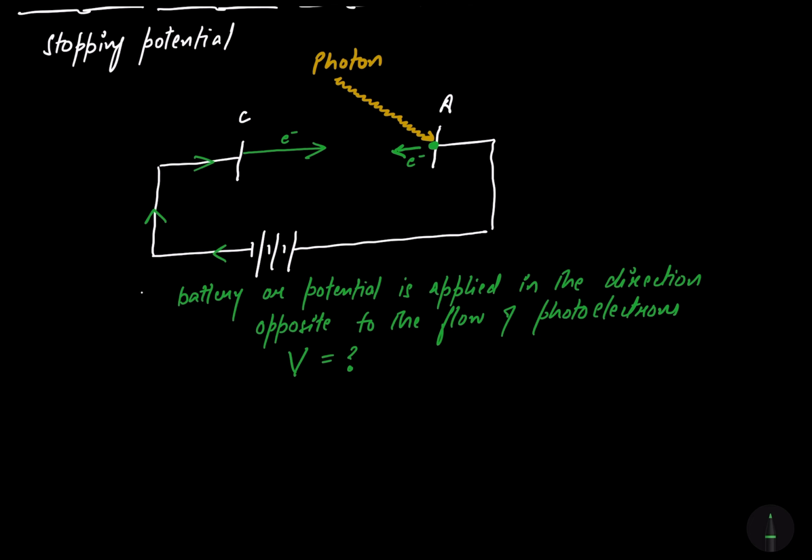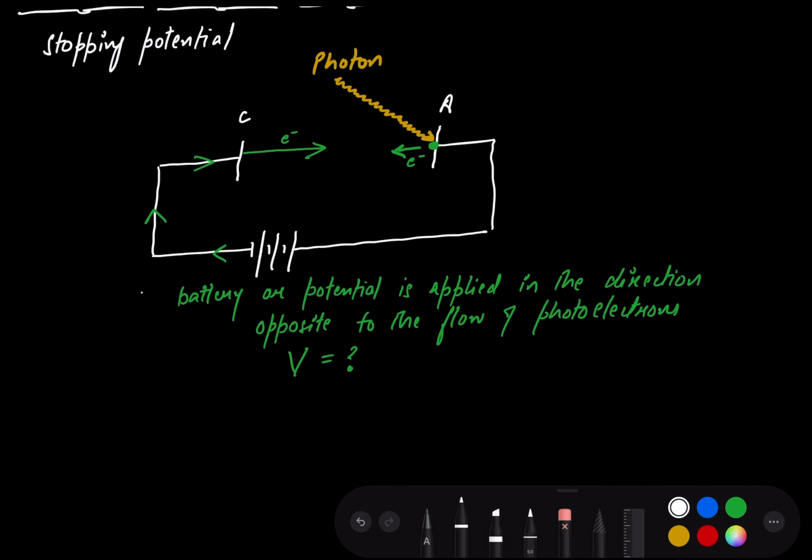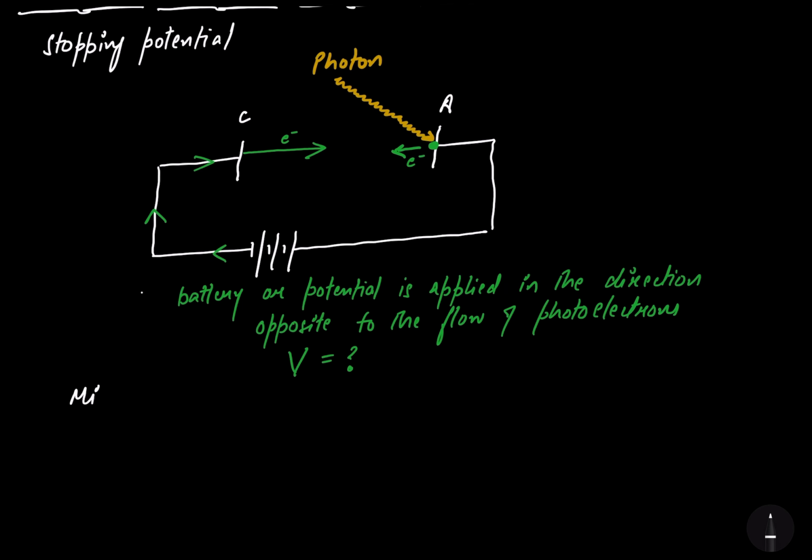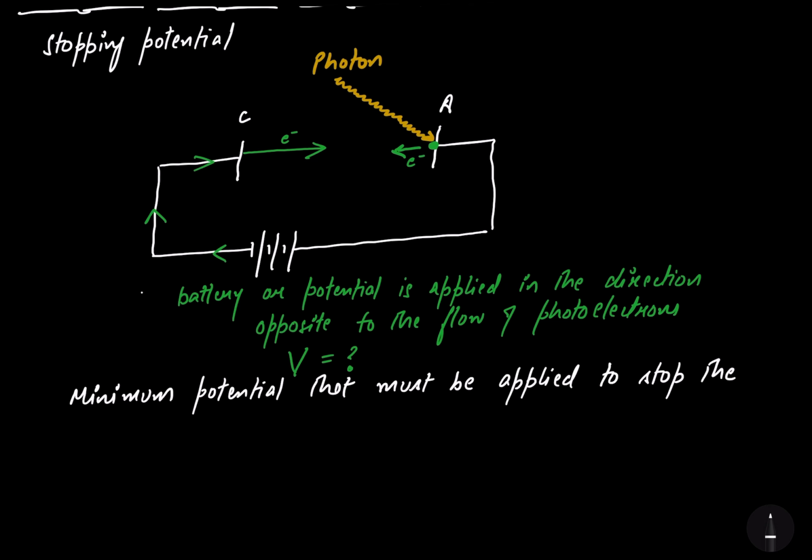That's called stopping potential. It is the minimum potential that must be applied to stop the movement of photoelectrons.